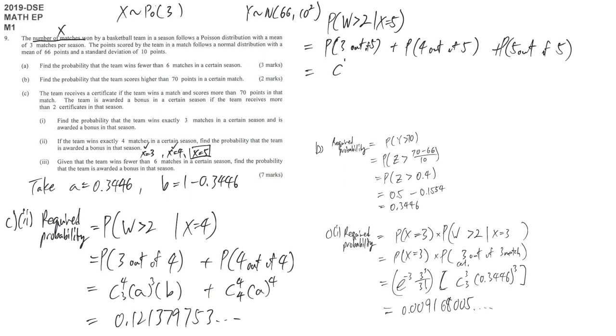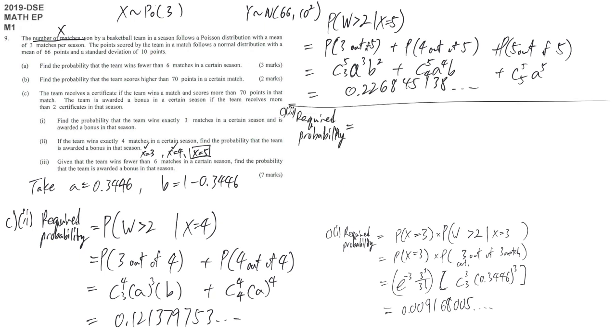So this is 5C3, success 3 times, fail 2 times. This is among 5 we choose 4, success 4 times, fail 1 time. Finally, among 5 choose 5, success all 5 times. We get 0.226845138.